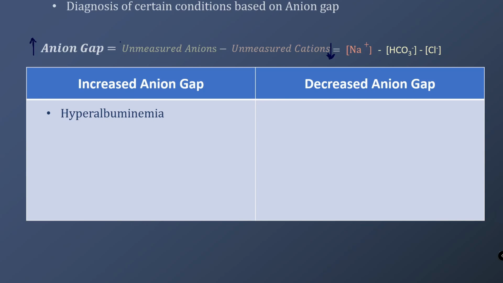They just simply ignore it. It is already very small. Yeah, she is right: calcium and magnesium. So hypocalcemia, a decrease in unmeasured cation, a decrease in calcium, as well as hypomagnesemia, can lead to increased anion gap.